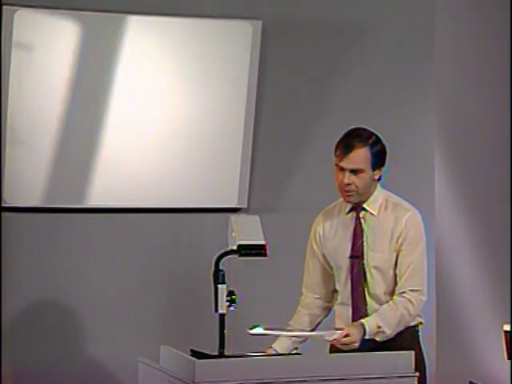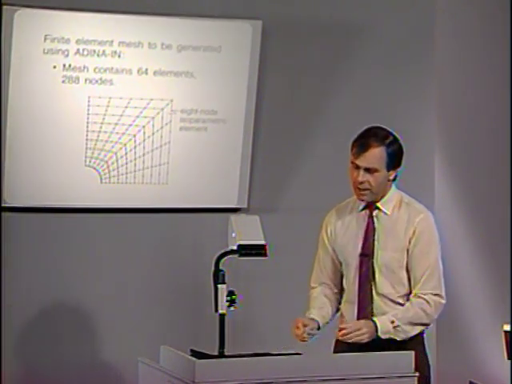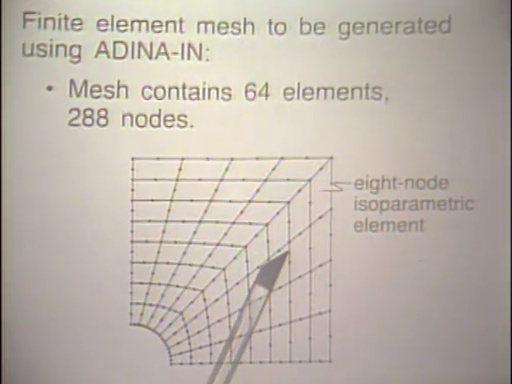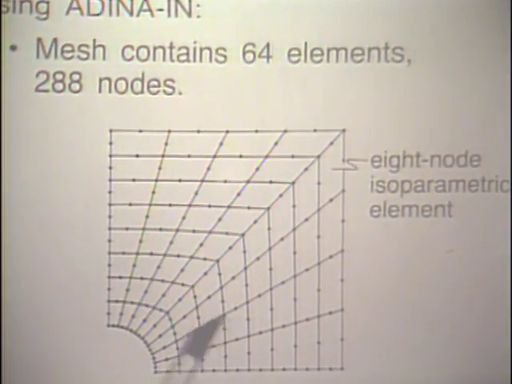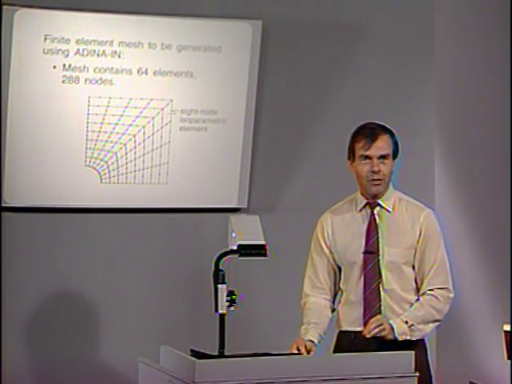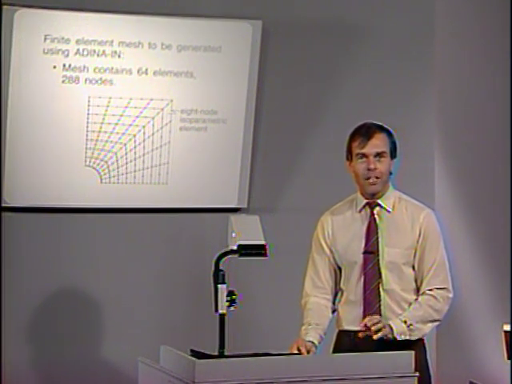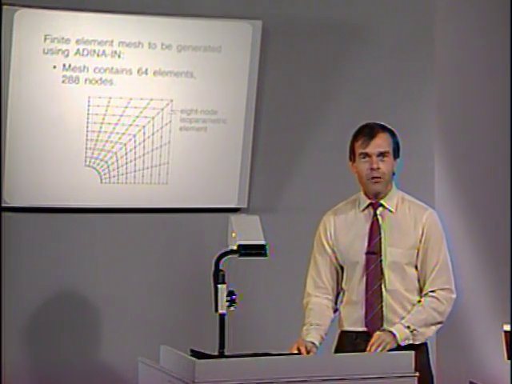The finite element mesh that we will be using is shown on this view graph. It consists of 64 8-node isoparametric elements. We have performed this analysis on the computer in my laboratory at MIT a few weeks ago, and we have brought in a video crew to record all the actions that we performed to complete the analysis. I'd like to now share with you what we have recorded and narrate to you as we go step by step through the analysis of this plate on the computer.